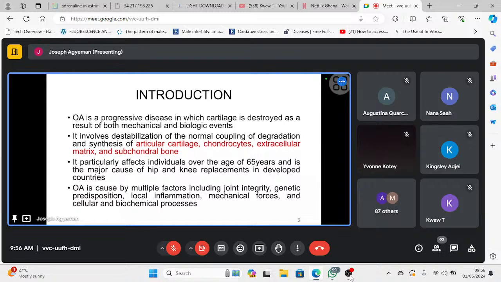It involves the stabilization of the production of these bone structures and their distractions. So what happens is that the level of production normally will not be able to match the level of distraction of these structures.